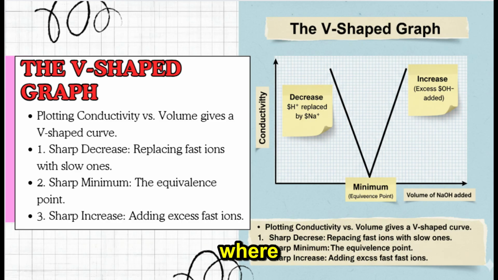This is the region where H+ is being replaced by Na+. Then it hits a sharp minimum. That's our equivalence point. After that point, as we add excess NaOH, the line goes up, up, up. This is the region where we are adding excess, fast-moving OH- ions.